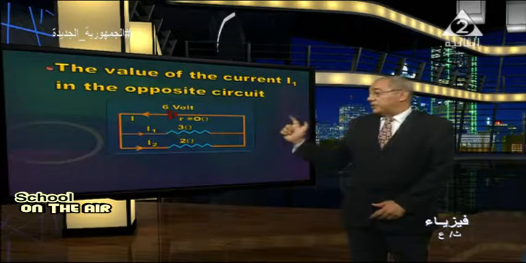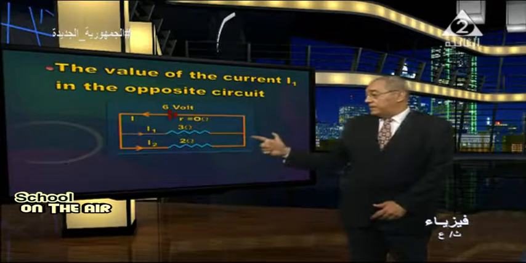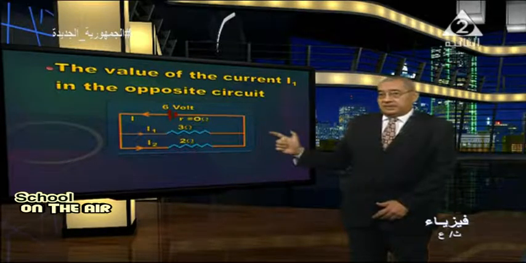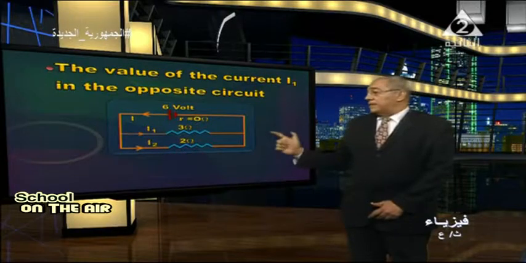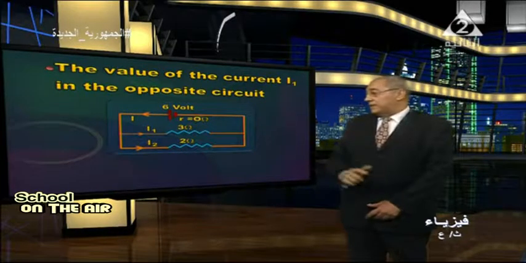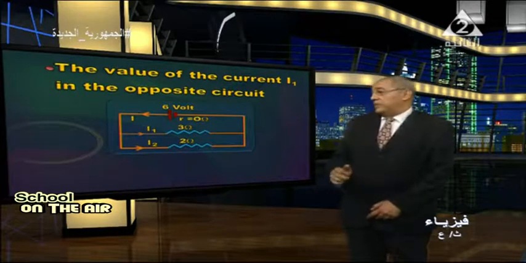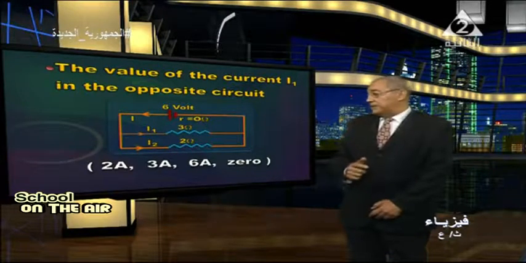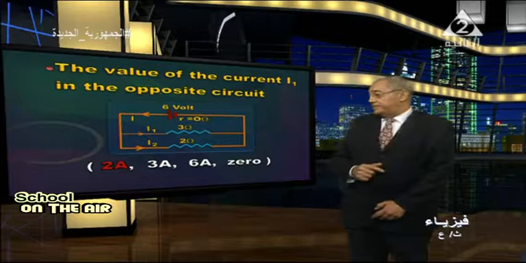So the voltage across the 3 ohm resistor is 6 volt, and across the 2 ohm resistor is 6 volt. And we want to calculate I1. So it's all easy. Is it 2 ampere, 3 amperes, 6 amperes, or 0? Of course, 6 over 3, it is 2 amperes.